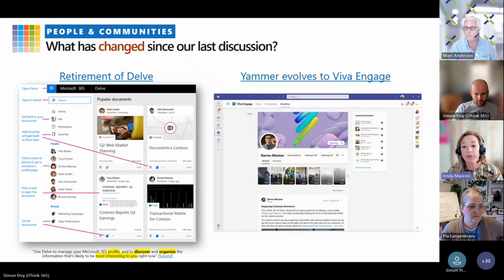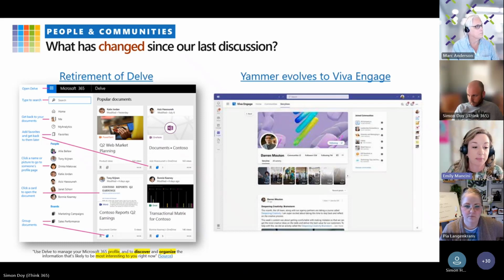Starting off with our people and communities, the two biggest changes are the retirement of Delve, that person-centric space where you had your analytics, your profile, all your information, different people you were connected to, as well as boards where you can save that information. And then we've also had the evolution of Yammer into Viva Engage and really bringing that communities app forward in Microsoft Teams.